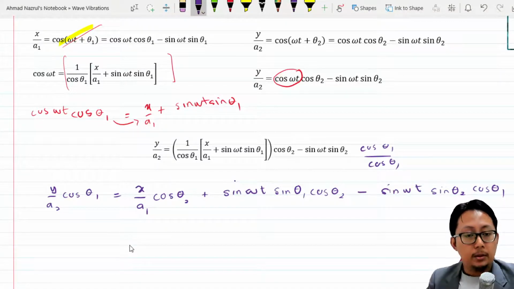Okay. So we bring x and y to one side, and we make this x over A1 cos theta 2 positive.